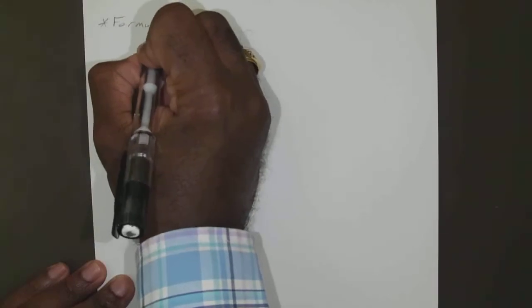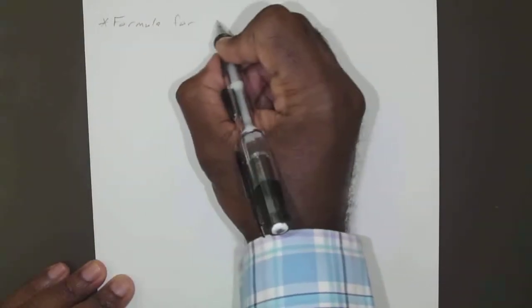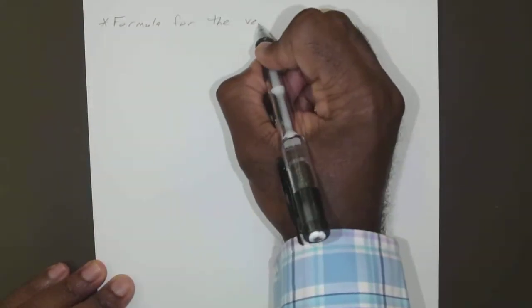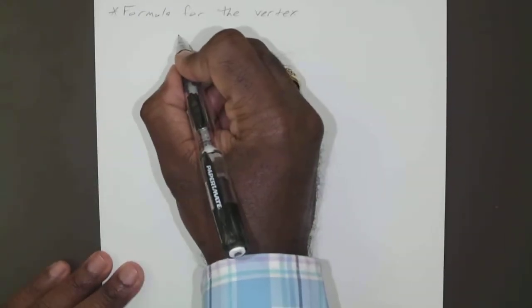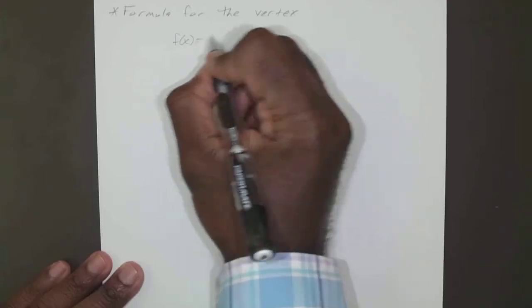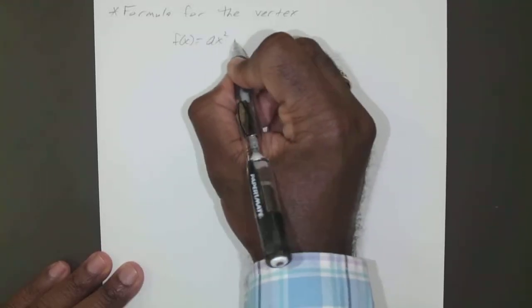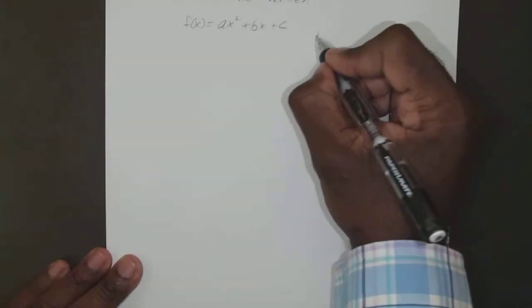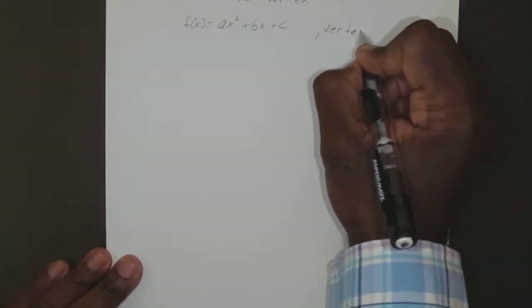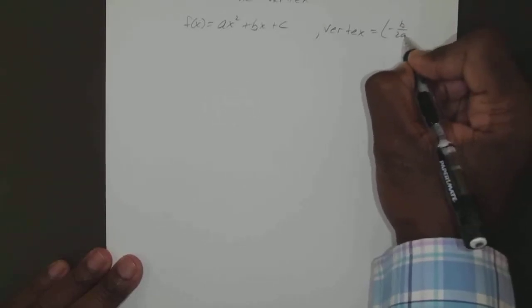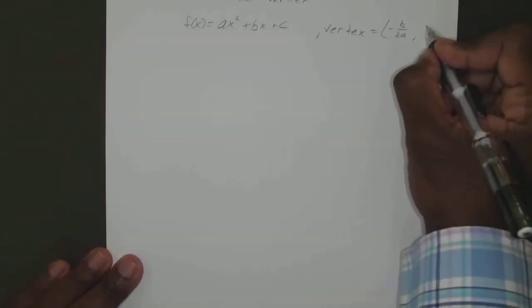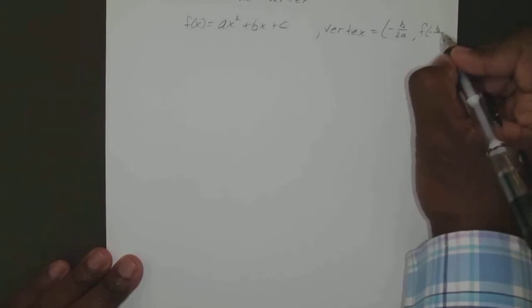Okay, so your formula for your vertex, for f of x equals ax squared plus bx plus c, your vertex is actually equal to negative b divided by 2a, and your f of negative b divided by 2a.